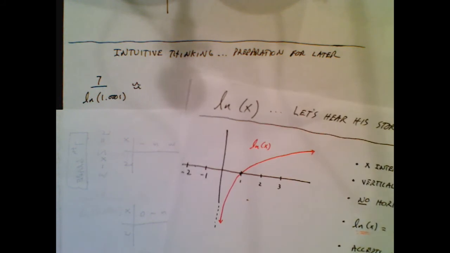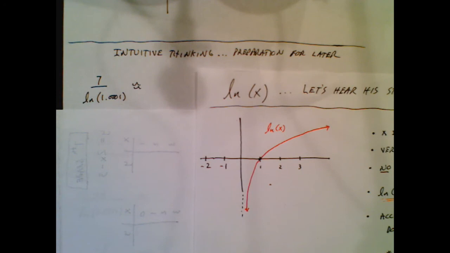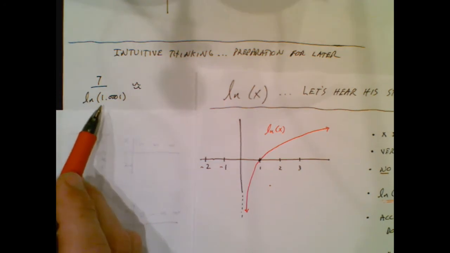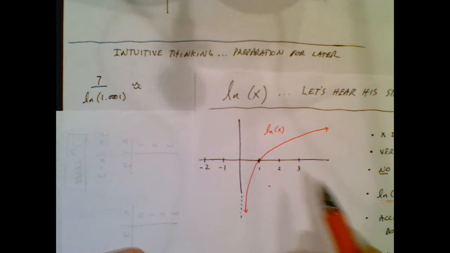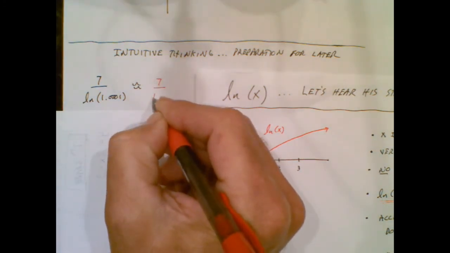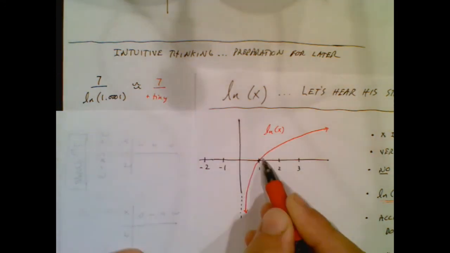Okay, so your mind would daydream about the graph of natural log, and the natural log of 1.0001 would be like right here. That y value is super tiny. So I would say 7 divided by super tiny, and that's a positive value too, by the way.